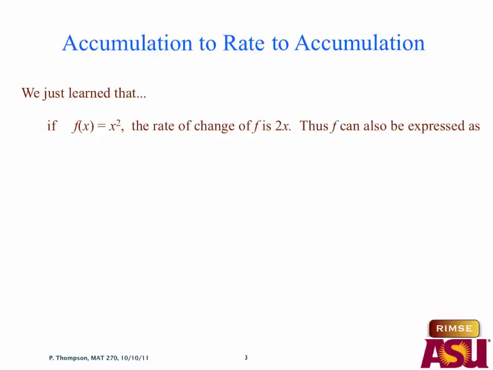Yes? Integral of? Okay, almost. Remember the symbol thing, remember? She got it. If the rate of change is 2x, then we can express its accumulation as the integral from 0 to x, 2t dt.